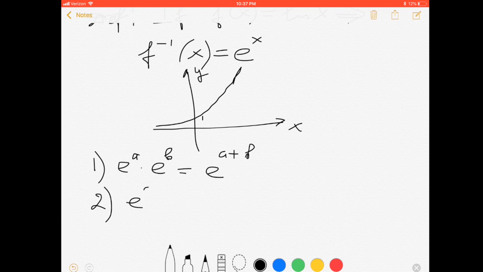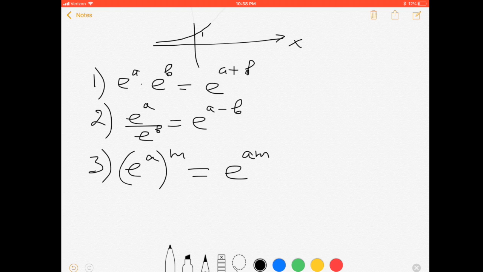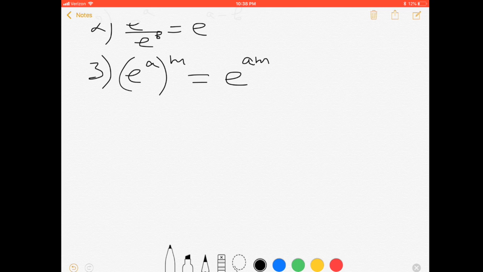Second, e to the a divided by e to the b is e to the a minus b. Third, e to the a, then to the power m, is e to the a times m. And now we can prove some theorems.